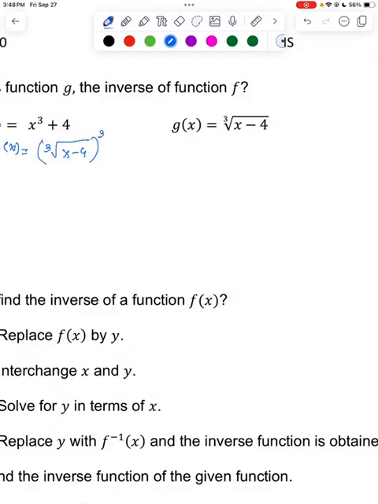If you simplify, the cube and the cube root cancel each other. So we are left with x minus 4 and then plus 4, which gives me x.